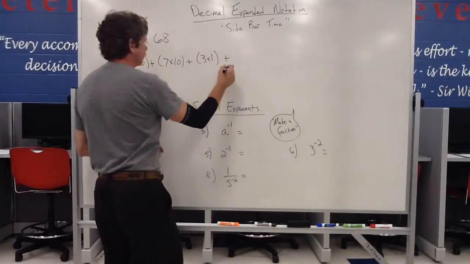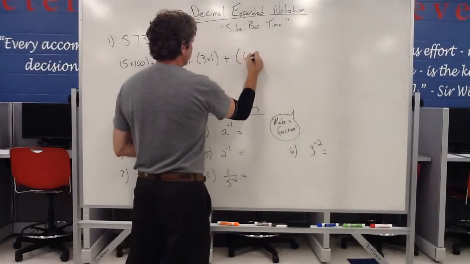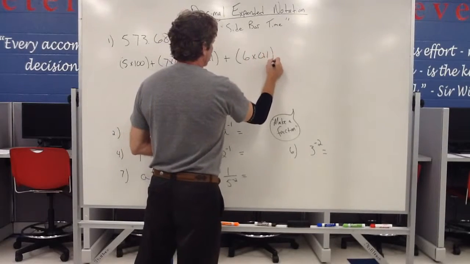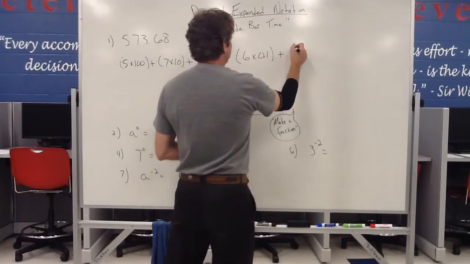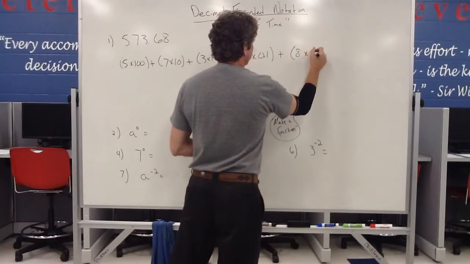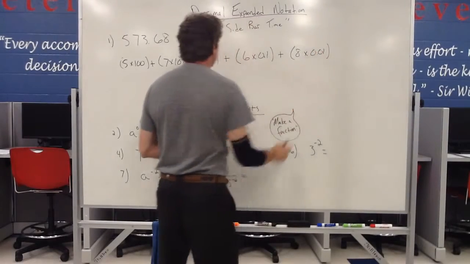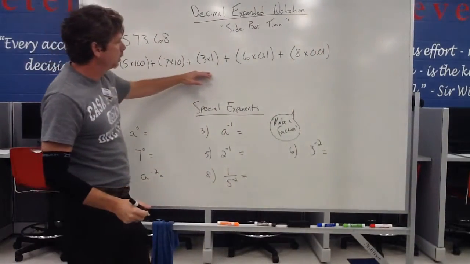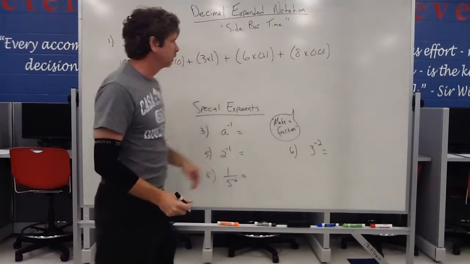Also we have 6 tenths, so 6 1/10ths, and 8 hundredths. So that's the way we can write it in decimal expanded notation.